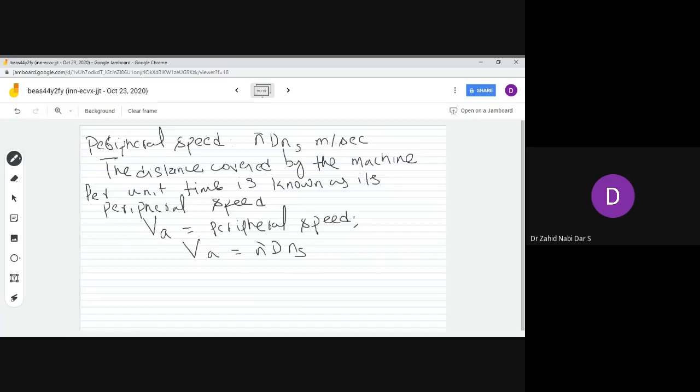Okay, so the diameter of the machine should be chosen in such a manner that the peripheral speed should not exceed 30 meter per second.